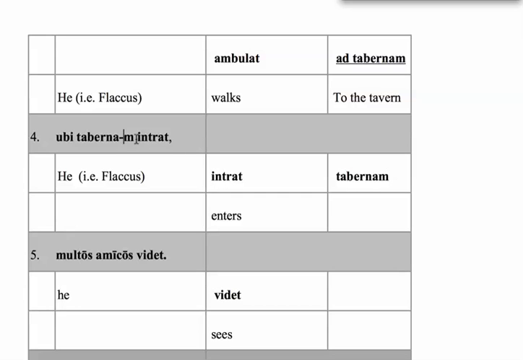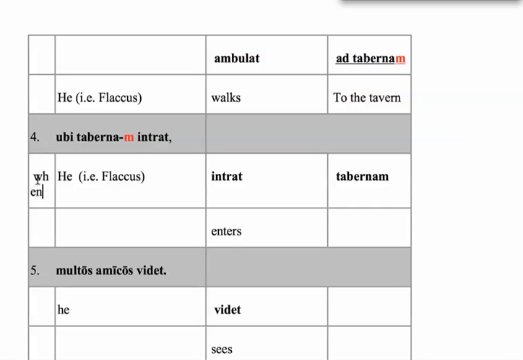Accusatives are, at this point, easy to spot because they end in M, and that means they either come after a preposition like ad tabernam, or if there's no preposition, as here, that's just the word when. This is what we would call the direct object, the accusative object. Okay? You know it's accusative, once again, because of the M here.